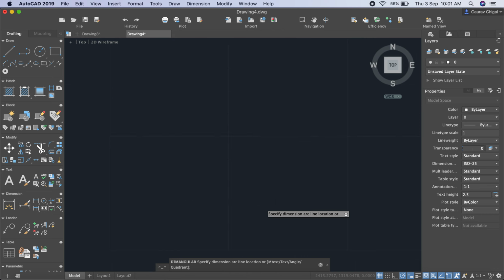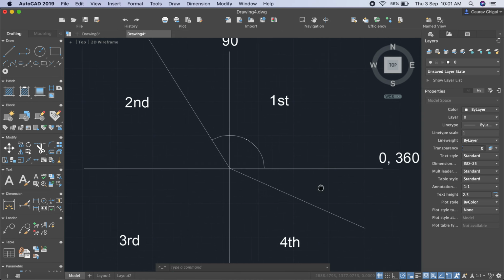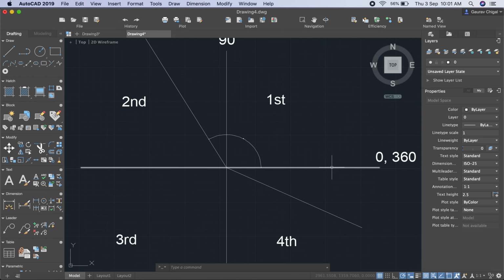So this much amount of angle is required. It is always measured from this line, and the direction of the angle should always be anti-clockwise. Make sure that you don't measure your angle from this line and move in clockwise direction. The software will always move in anti-clockwise direction.